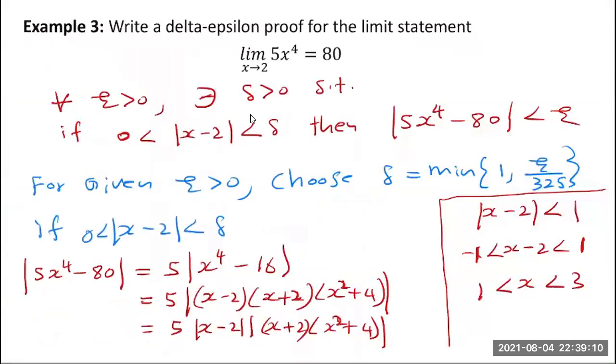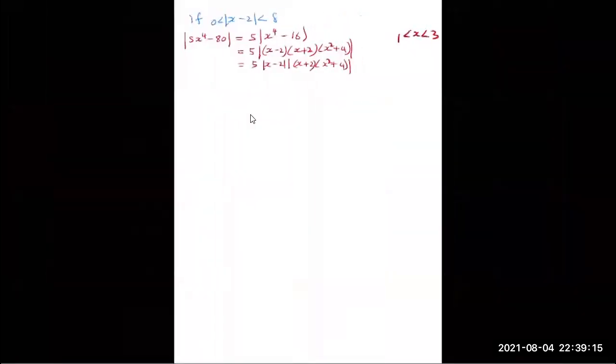All right, I'm going to copy this part to the other side. Now, notice that since my x is less than 3, the maximum value that you can have for this piece is when you plug in 3 there: 3 plus 2 times 3 squared plus 4 would be 55.